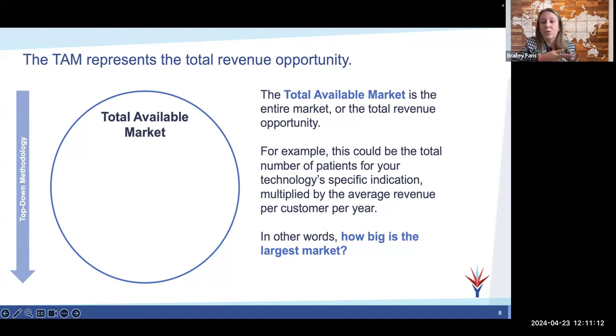To understand what the total revenue opportunity is for that population, you would multiply this patient population by the average revenue spent per customer per year. That average revenue could be based on historical data, competitor analyses, industry benchmarks, or if you've gotten to the point of pricing your technology, could also be based off of that.